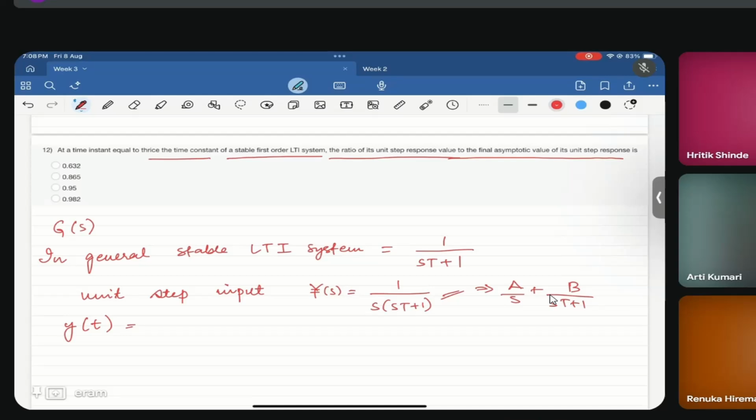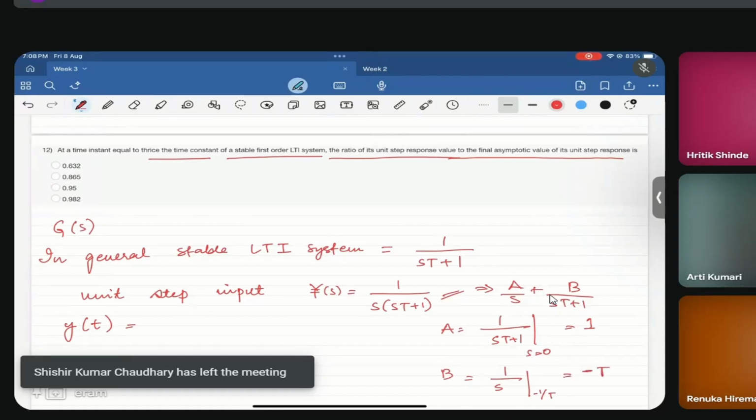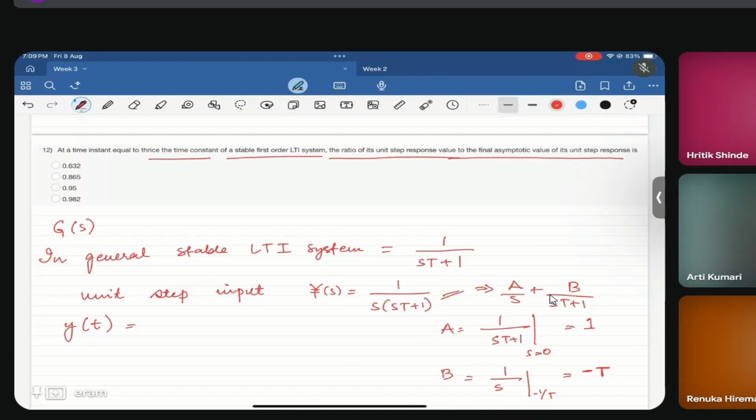So what will be A and what will be B? A will be 1 and B will be minus T. Yes.